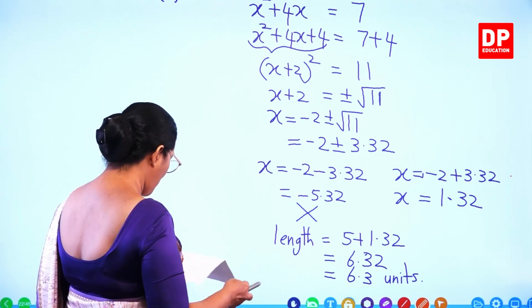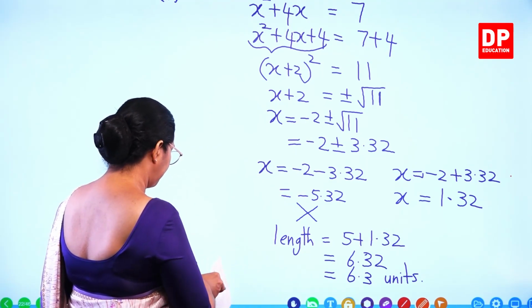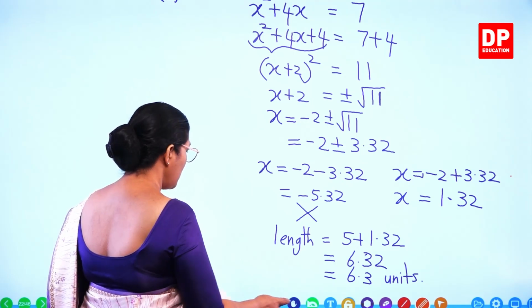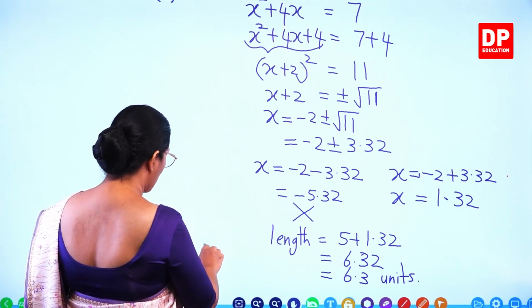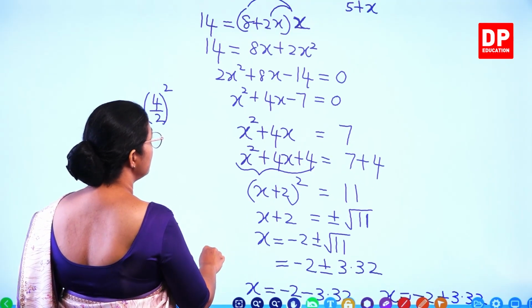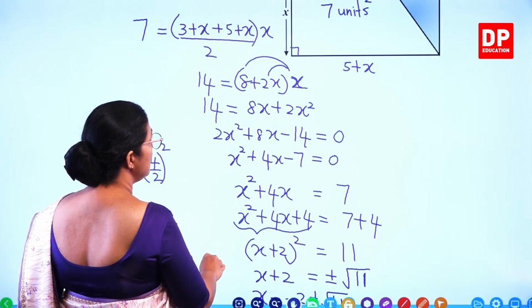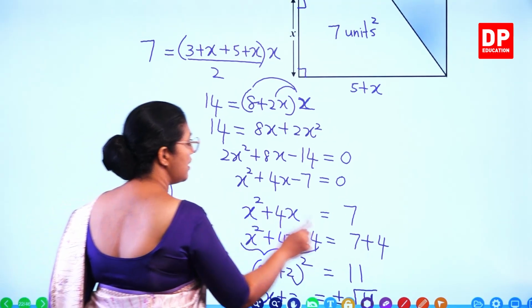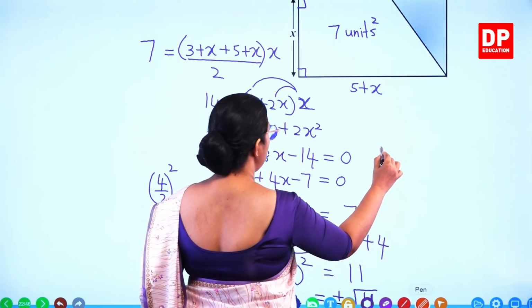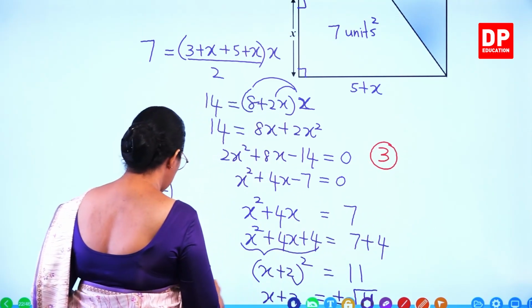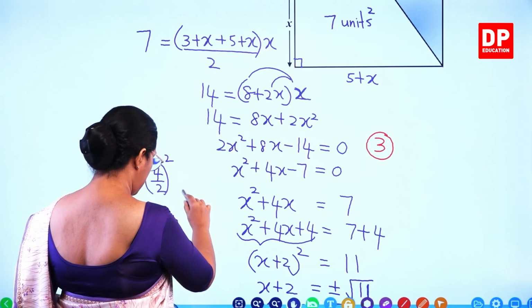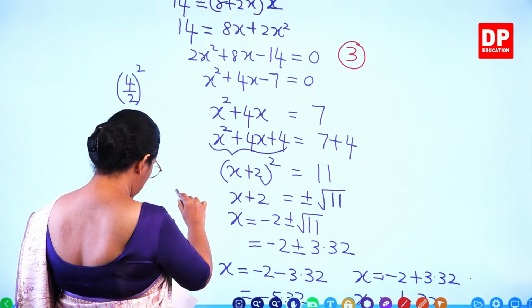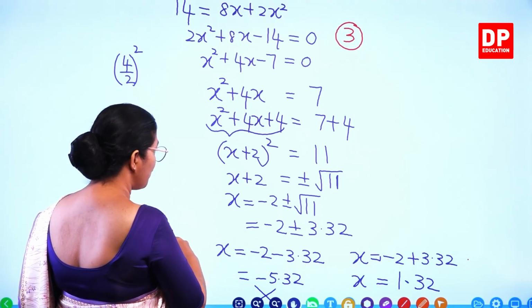So how many marks for this part? You are getting 3 marks to create the equation up to this point using the area of the trapezium. And for the other part, finding the x value, you get 4 marks.